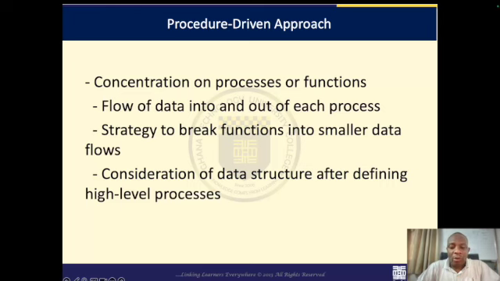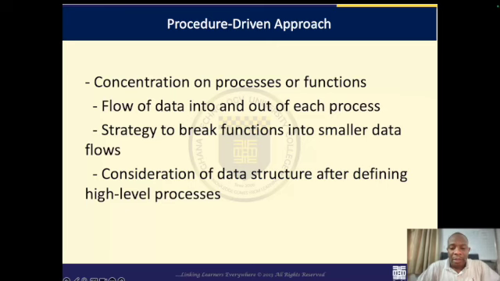By concentrating on what a program does, the programmer identifies and organizes the processes in a program solution. The flow of data in and out of each process or function is then considered, and a strategy is developed to break each of these functions into smaller and very specific flows of data.